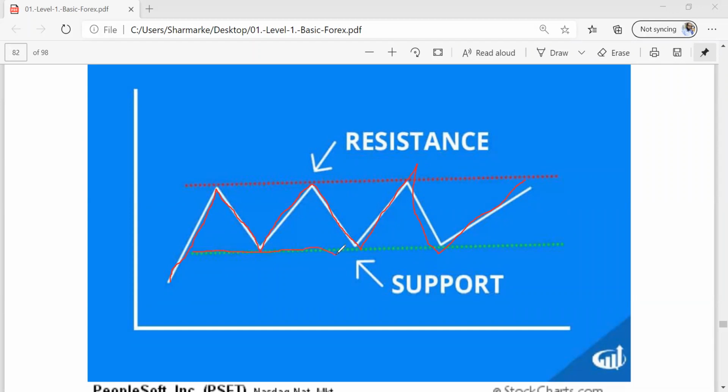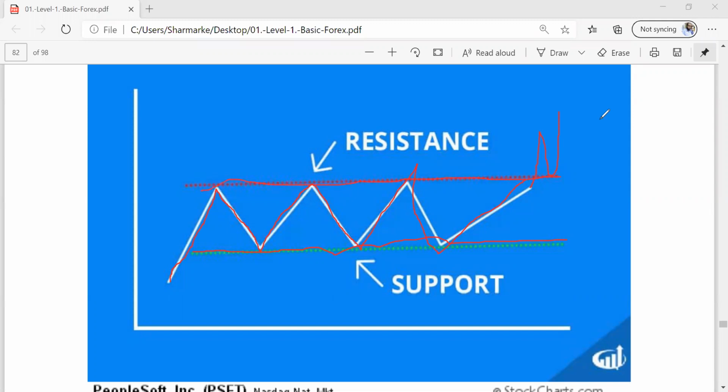Whenever price comes here, there is a support that gives the market a push up. And when the price reaches here, this is what we call a resistance. So if you see that resistance is broken, retested, and then the market continues, that means the market will start a new support system here. That will be the new support.